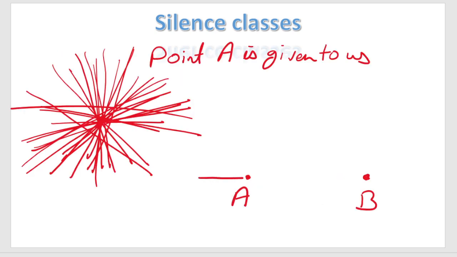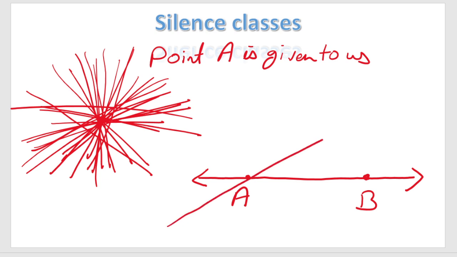If we pass a line like this, and then I draw another line like this, it will not pass through both the points.